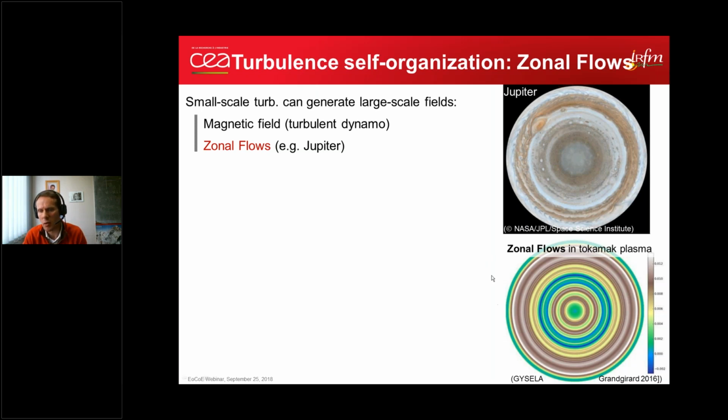So the axisymmetry axis will be here. This is the low field side, the high field side, and you can see that one magnetic surface, which is circular in this simulation, has one velocity, here for instance in blue, and another velocity nearby. So it's a shear flow that develops.